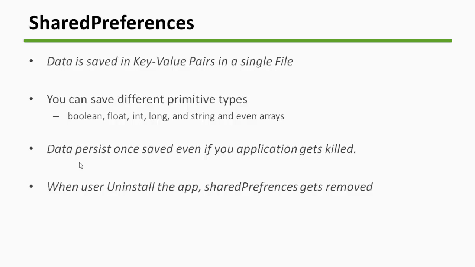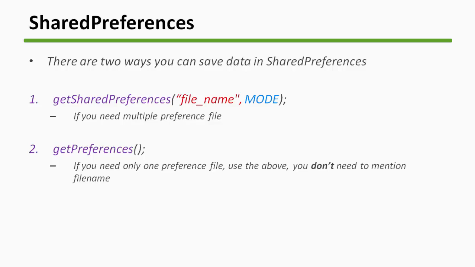So there is another thing. Shared preferences is a lightweight storage, and when you want to store very simple key value pairs, you can use shared preferences in that scenario. Now there are two ways you can save data in a shared preference file. If you want multiple shared preferences files, like 5 or 6 different files for different purposes, you can do that. It's not like you will only have one file.